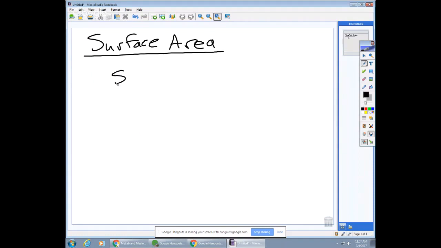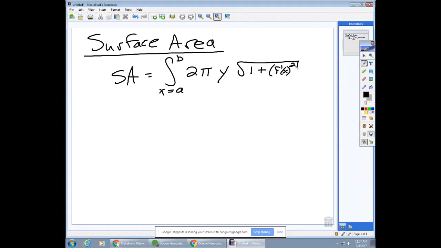So surface area, let's call it SA, with respect to x, would be something like from a to b, 2 pi y. That would be our average radius as we're cutting through. And then the slant length comes from the Pythagorean theorem, which is the square root of 1 plus f prime of x squared.